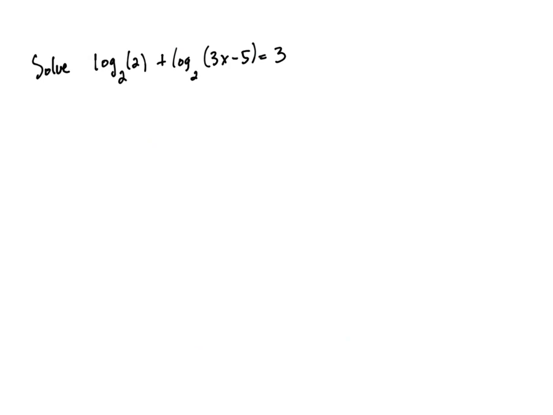Okay, so in this log equation, we have two terms that have log expressions in them. So what we want to do is condense this into a single log expression. Because we're adding the two log expressions, we can use the product rule and combine the arguments by multiplying.